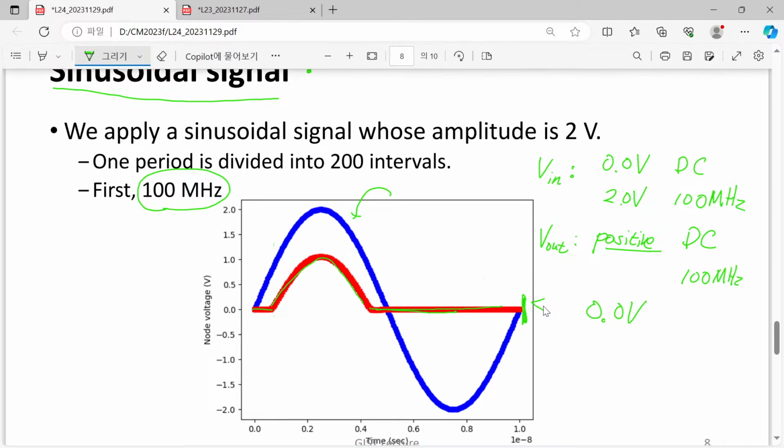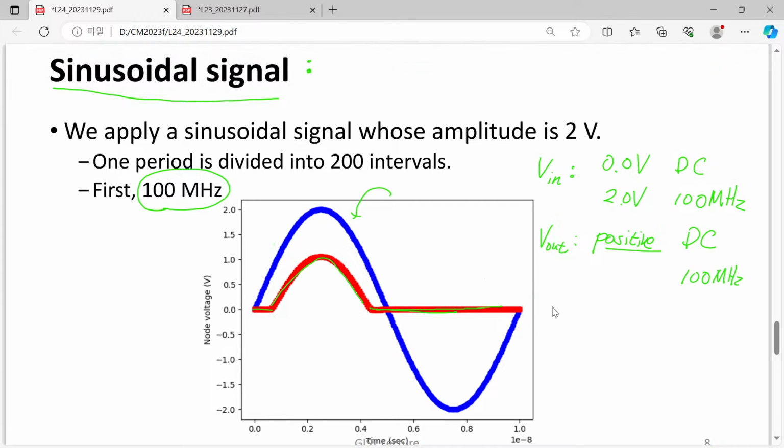Then the question is, how about the 1 megahertz signal? Do we have a 1 megahertz signal? Yes, we have it. Although it is not purely sinusoidal, there will be a certain signal like this, and its period is always 1 megahertz.